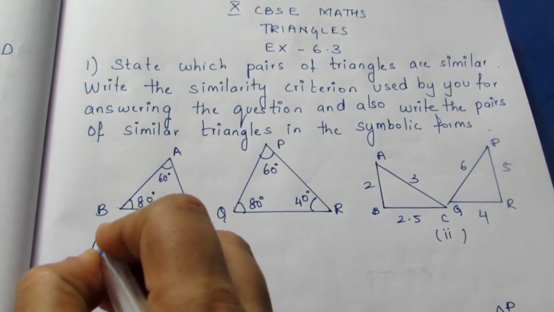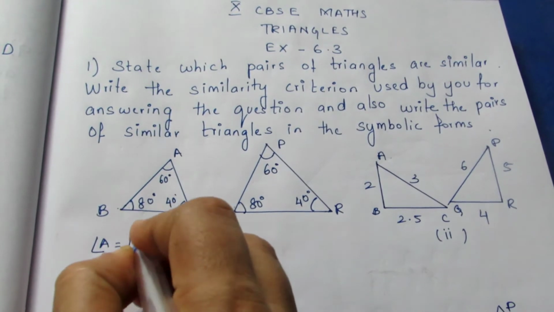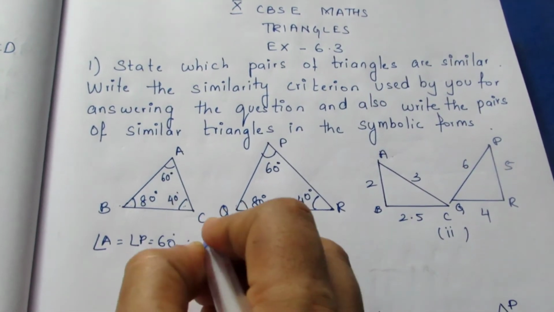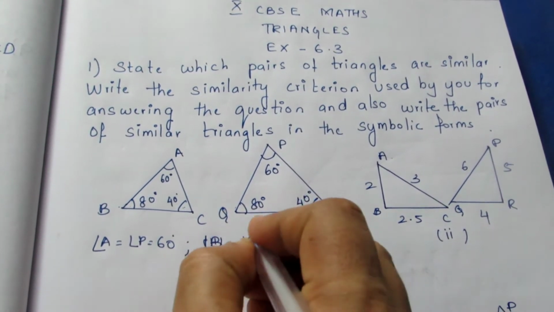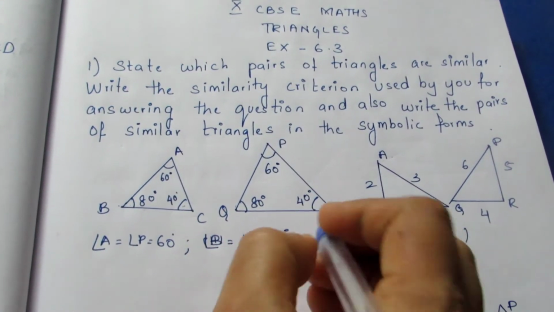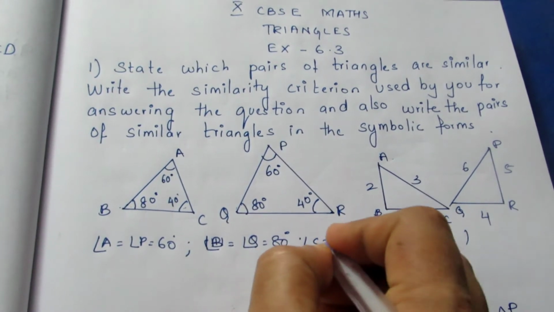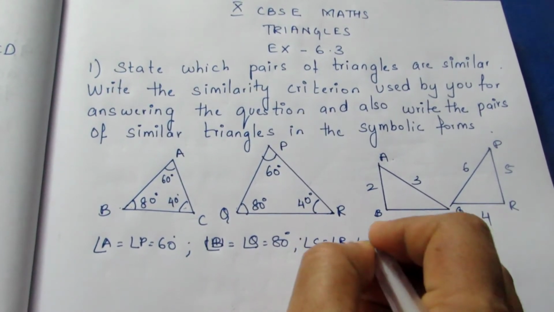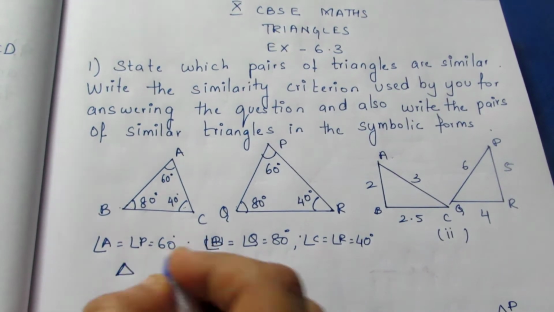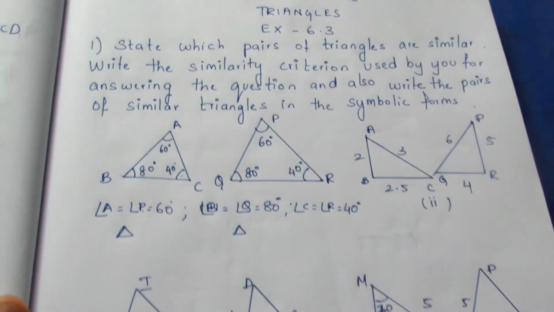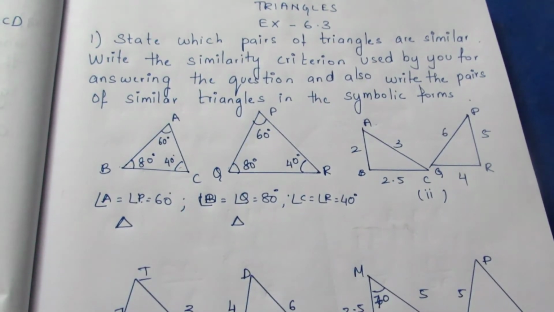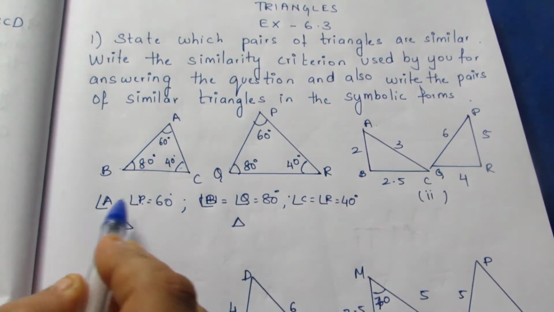So if 3 angles are equal also, it is a similar triangle. So we can say that angle A equals angle P equals 60 degrees. The same way angle B equals angle Q equals 80 degrees and angle C equals angle R equals 40 degrees. So therefore, while writing similar triangles, be careful writing the letters. The first angle should be equal.